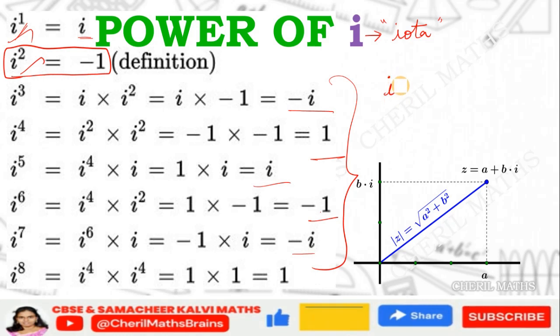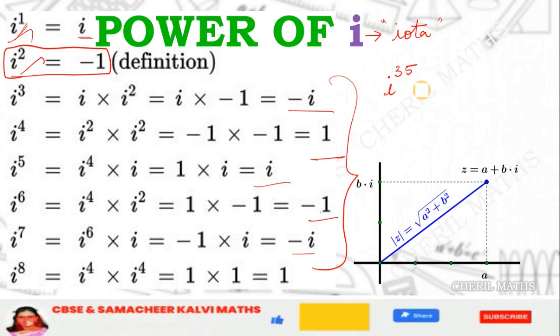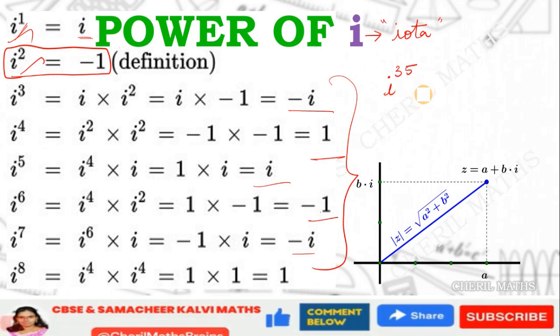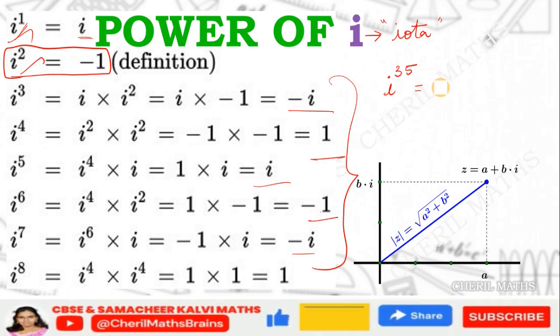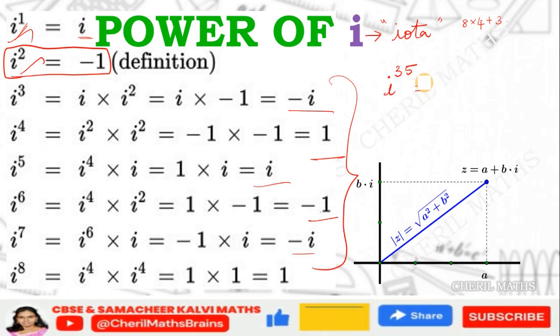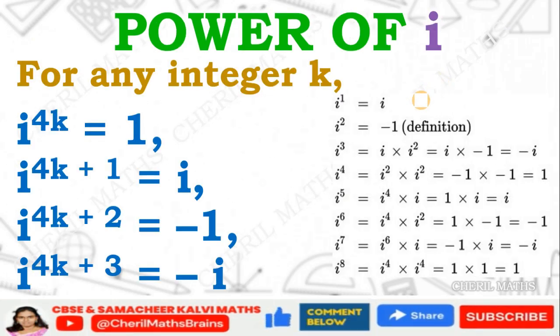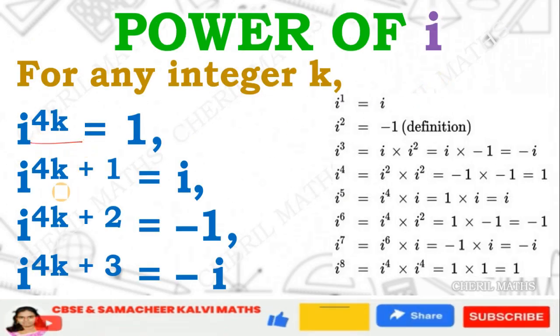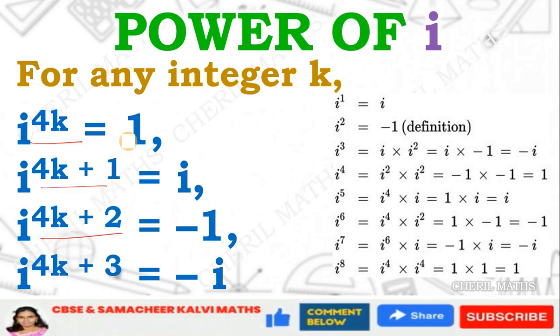But if we are asked to find i power some big number like 35, we will still have to break it down, which is a little bit tedious. So we can try to bring all these under any of these four categories.